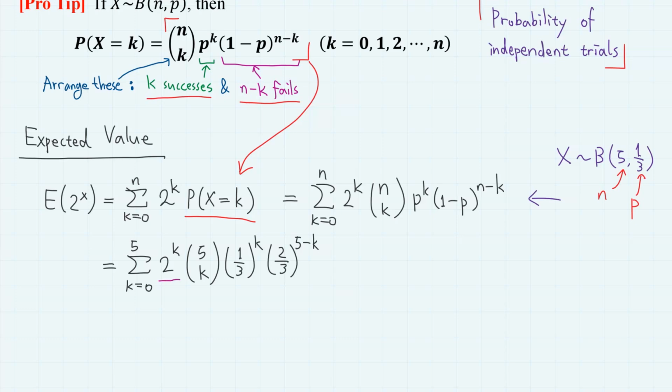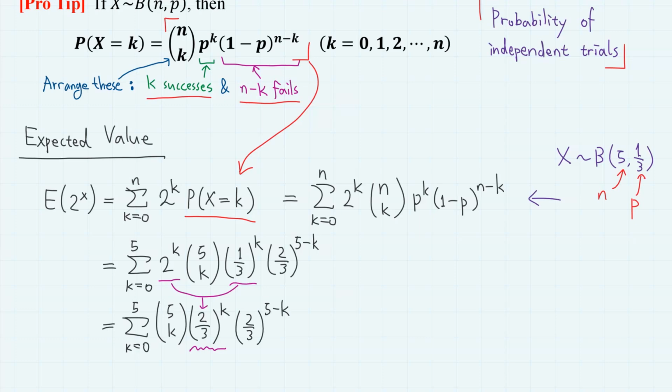And here we can actually combine these and write sigma 5 choose k times (2/3) to the power of k times (2/3) to the power of 5 minus k.